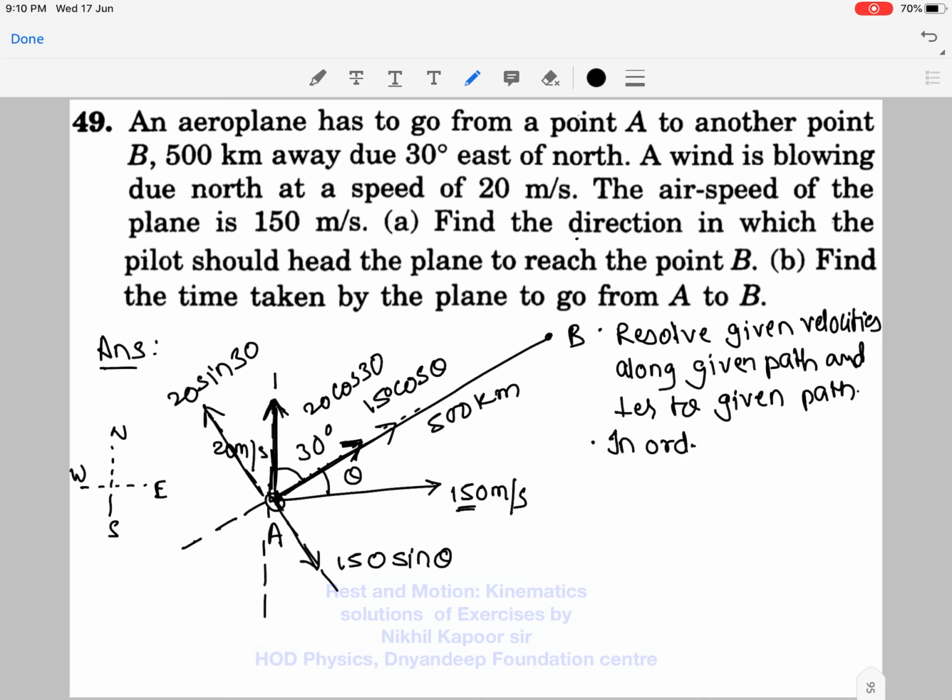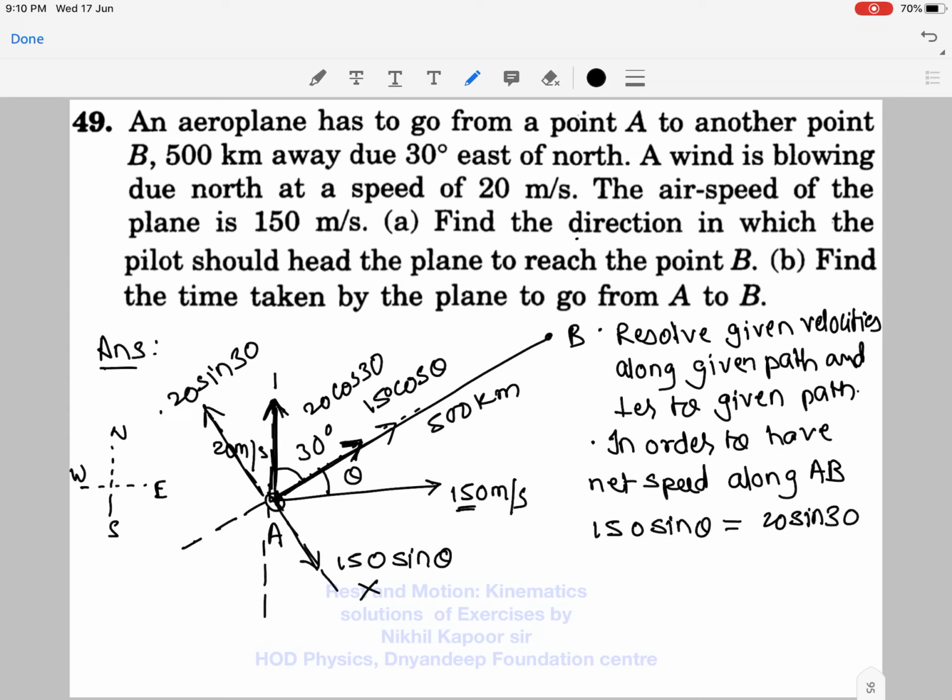So in order to have net speed along AB, 150 sin theta and 20 sin 30 should cancel each other.